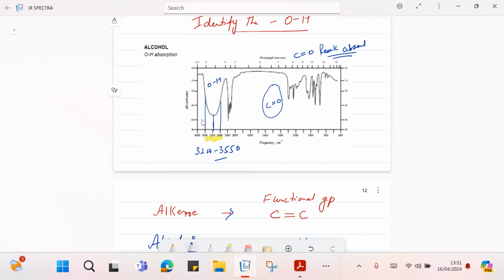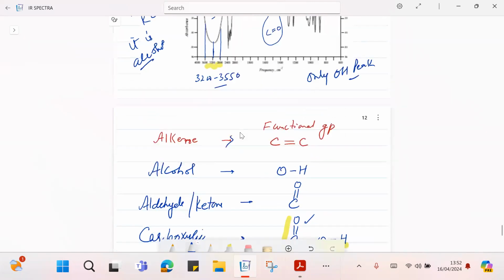Since it is absent, it means it is not a carboxylic acid, it is an alcohol. Why alcohol? Because it has only the OH peak, not the C double bond O, so it cannot be a carboxylic acid. It is not an aldehyde or a ketone because the C double bond O is not present.